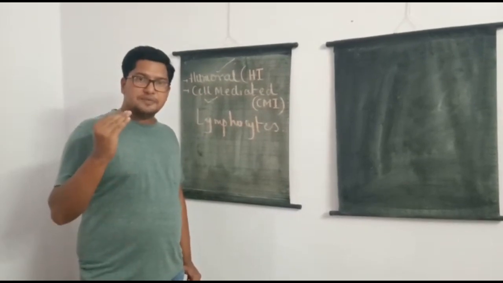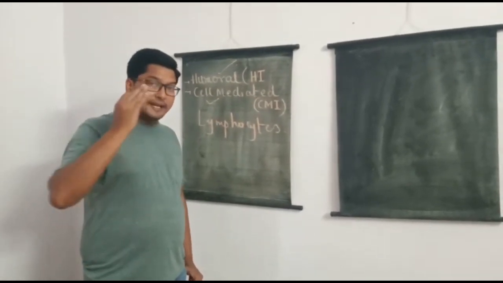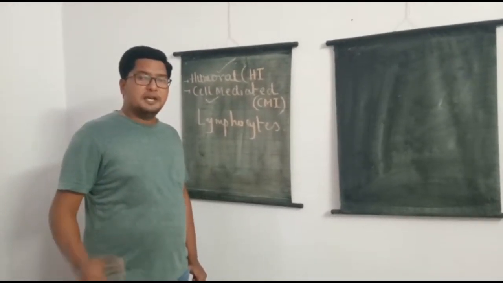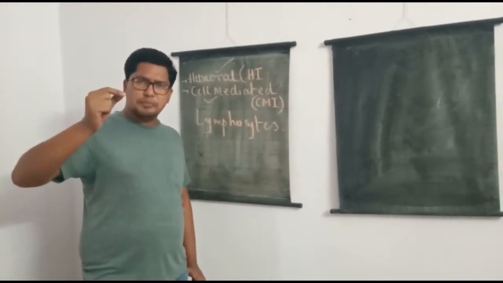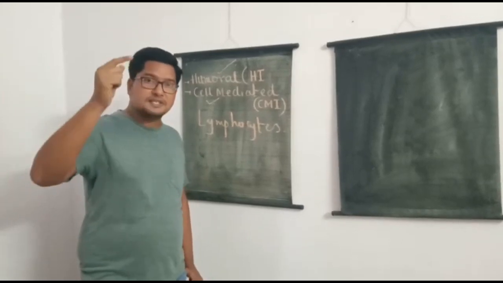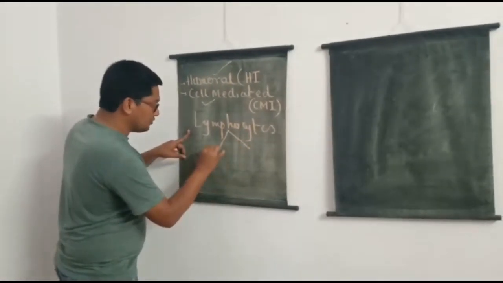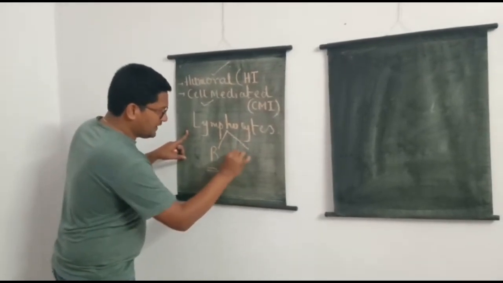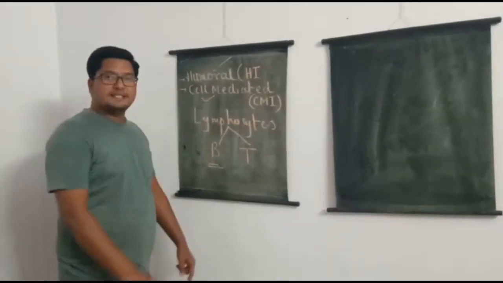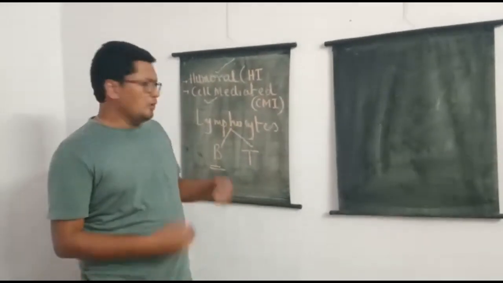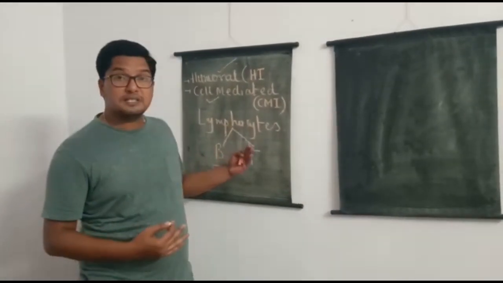Out of the 5 types of WBC, the second most abundant type of WBC are the lymphocytes, which are one of the most important cells of our immune system. And these lymphocytes are categorized into 2 types, namely B lymphocytes and T lymphocytes. And we have to know in detail what exactly B stands for and T stands for.